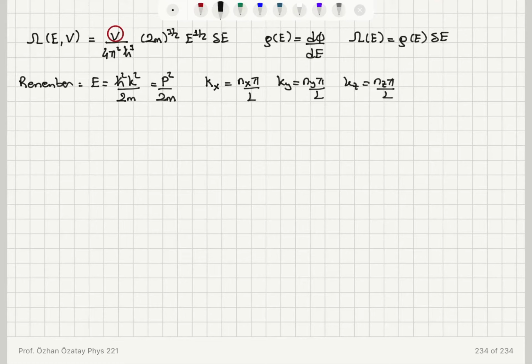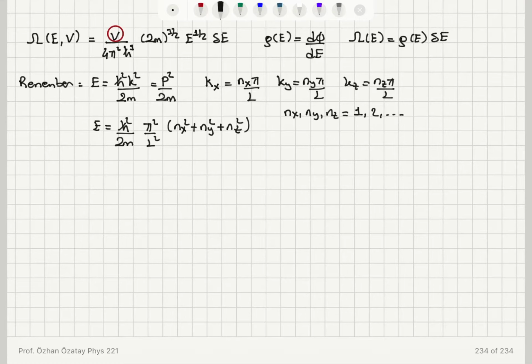So we had for the energy h bar squared divided by 2m, pi squared over L squared, nx squared plus ny squared plus nz squared, and these nx, ny, and nz are integers starting from 1 going up to infinity.